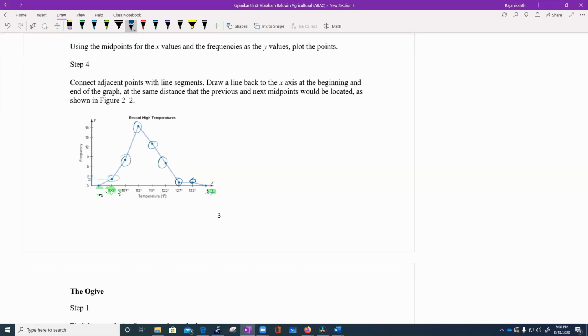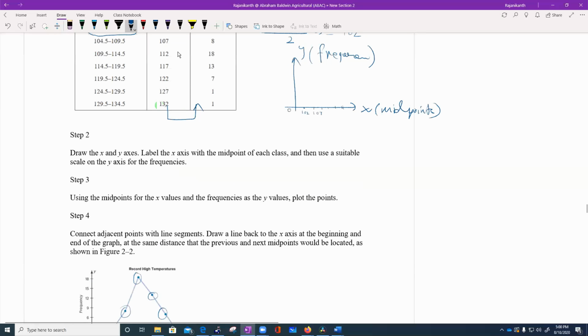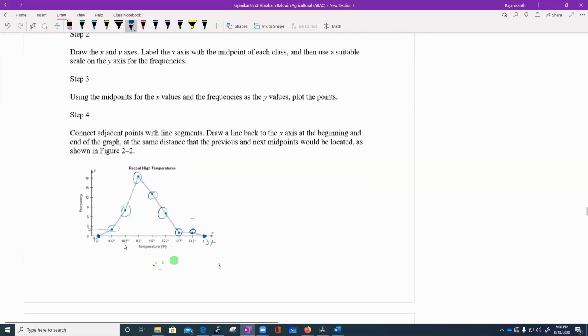Subtract 5 from 102, which is 97. So always you have to start with the x-axis and finish with the x-axis after plotting all the points from your table. Then take your ruler, join all the points. So you will get the polygon, which is called the frequency polygon.